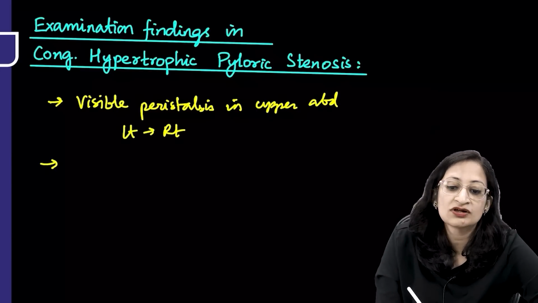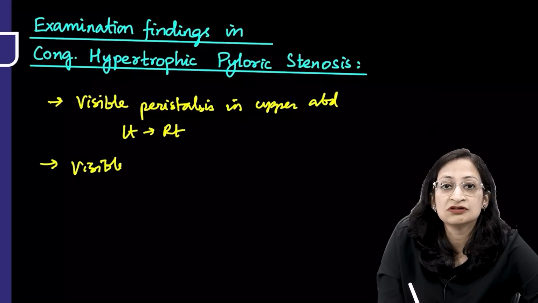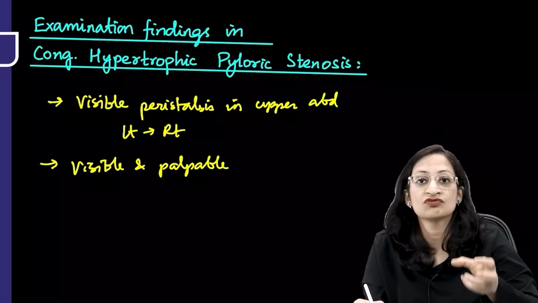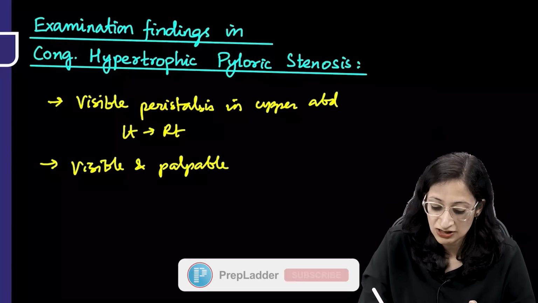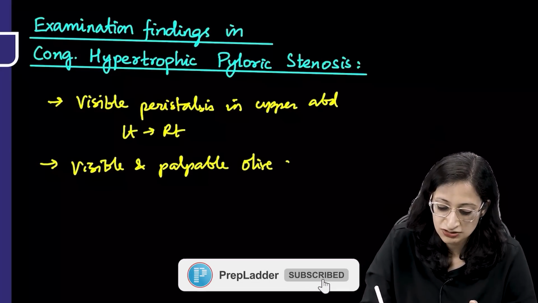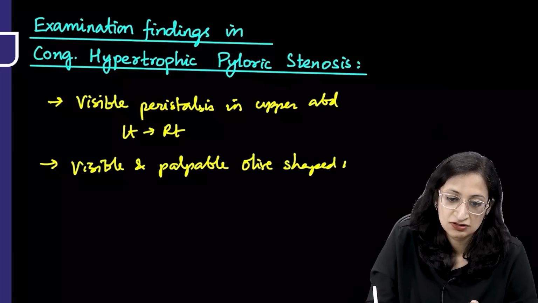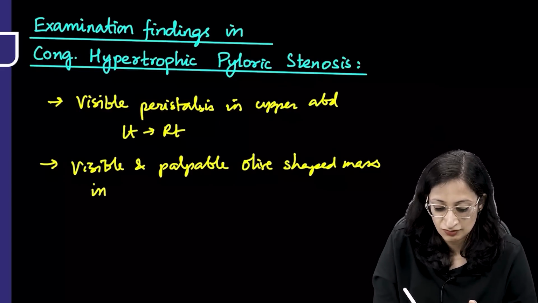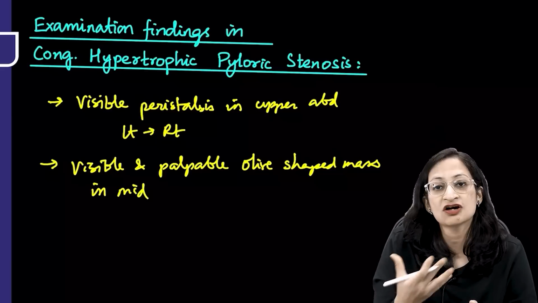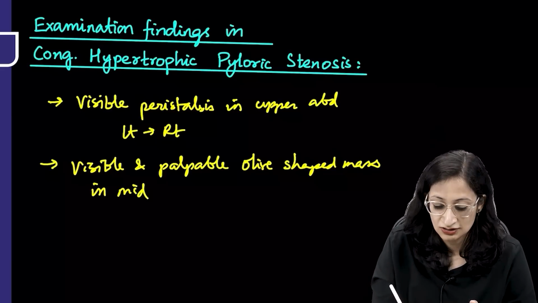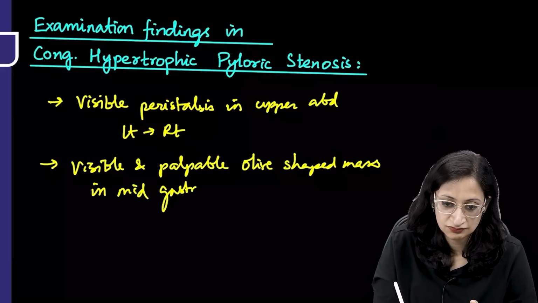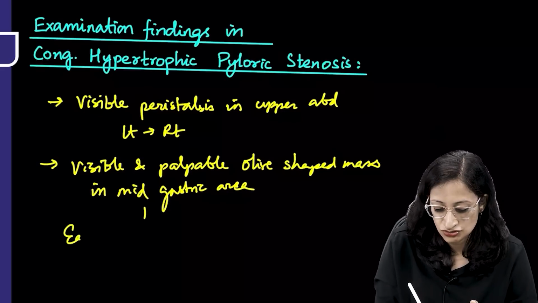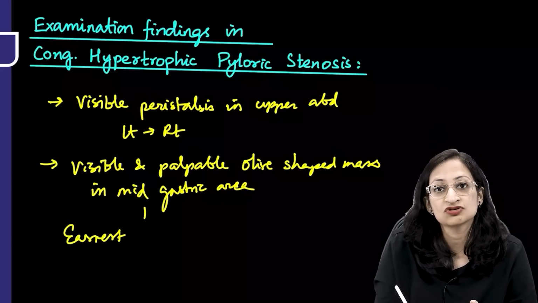You can also get a visible and palpable olive shaped mass, which is the hypertrophic pylorus, palpable in the mid gastric area, easiest to palpate after an episode of vomiting.